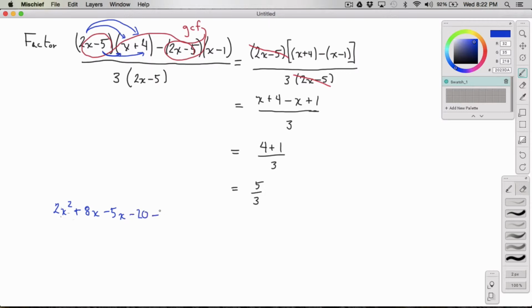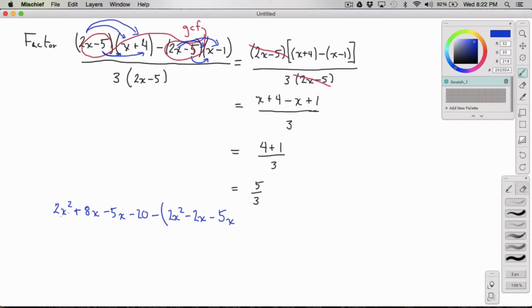Now I'm going to get a new result in here, but we're going to do the same thing. So I'm going to go 2x times the x, that's going to give me the 2x squared. Then I'm going to take a 2x, multiply it by the negative 1, it's going to be minus 2x. Then we go to the negative 5, and we distribute that to the x, so that's minus 5x.